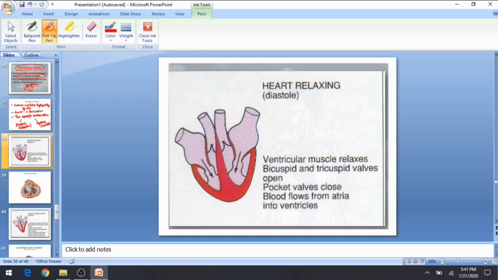Let us look at this diagram. Here you can see this is your right atrium, this is your right ventricle. Ventricular muscles are always relaxed when blood flows from right atrium to right ventricle or left atrium to left ventricle. This portion is known as heart relaxing or diastole.